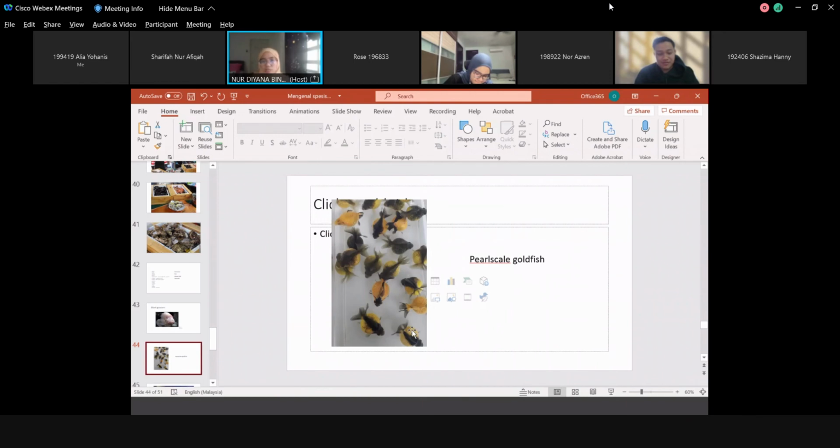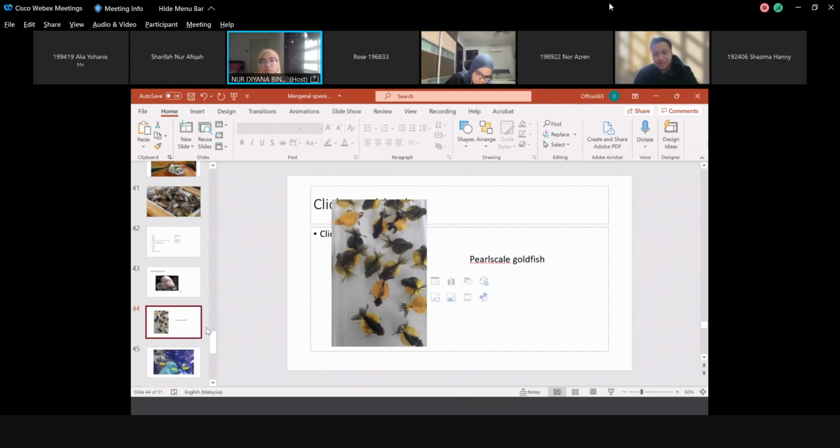That's why it's called pearl scale goldfish. Goldfish has a lot of species. The fantails, the ranchu, the tosakin, something like that. In the industry, I think Indonesia is quite big on those species. China and also Japan, of course.